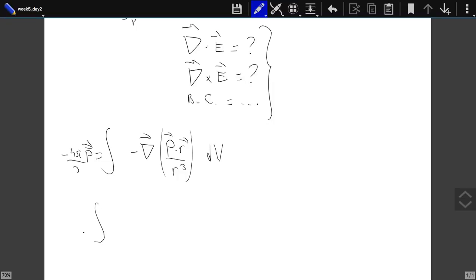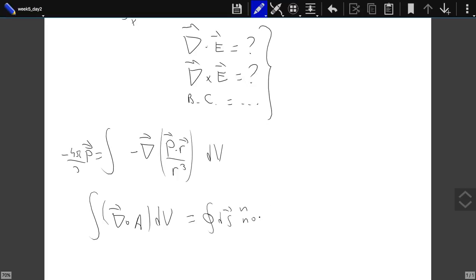The integral of some operation on A times dV equals the surface integral of that same operation on small a.